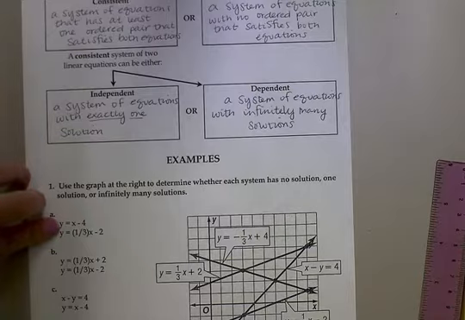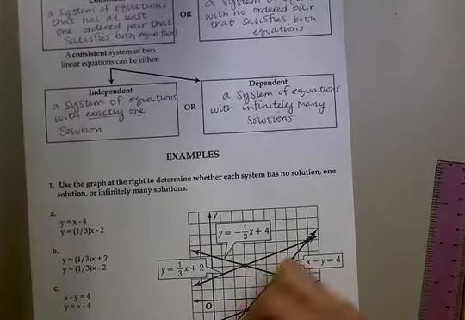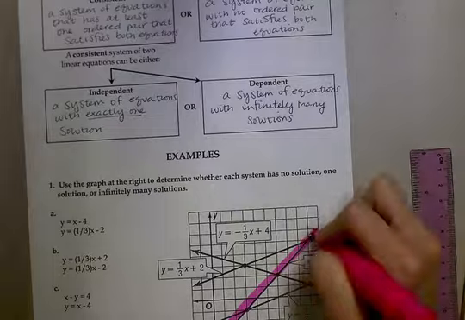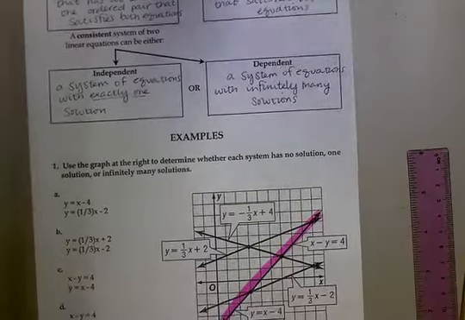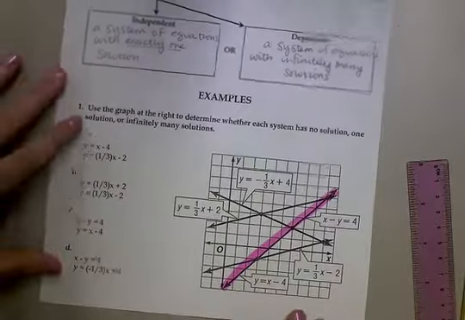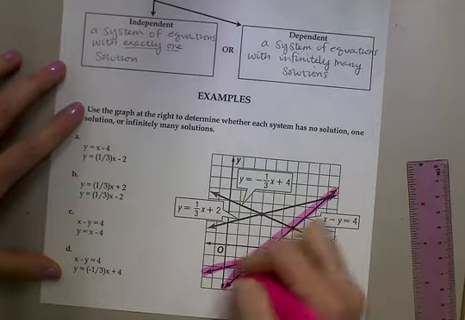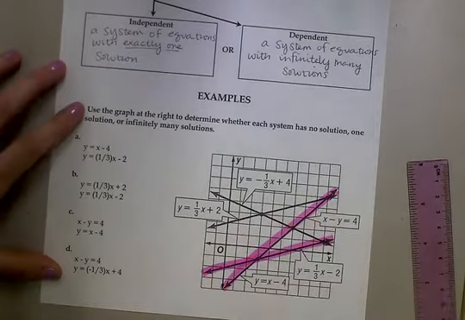Let's find on our graph the equation y equals x minus 4. And that is the one that is down here. And we need to find y equals 1/3 x minus 2. And that's just this one right here. So this looks like the case of intersecting lines.